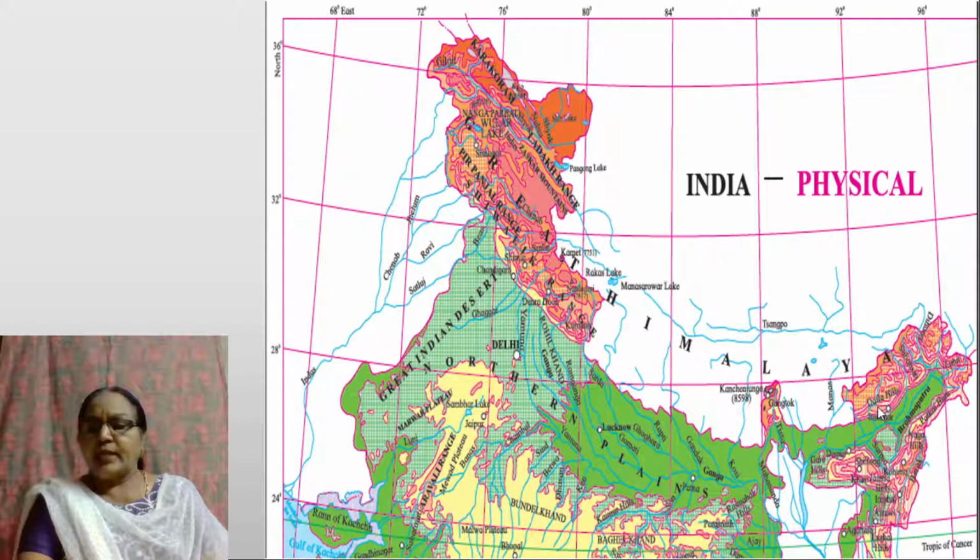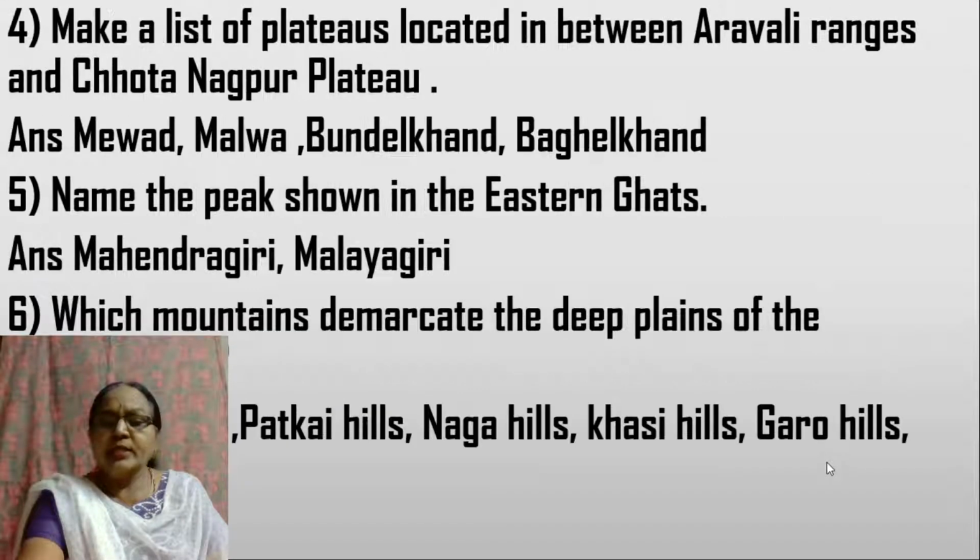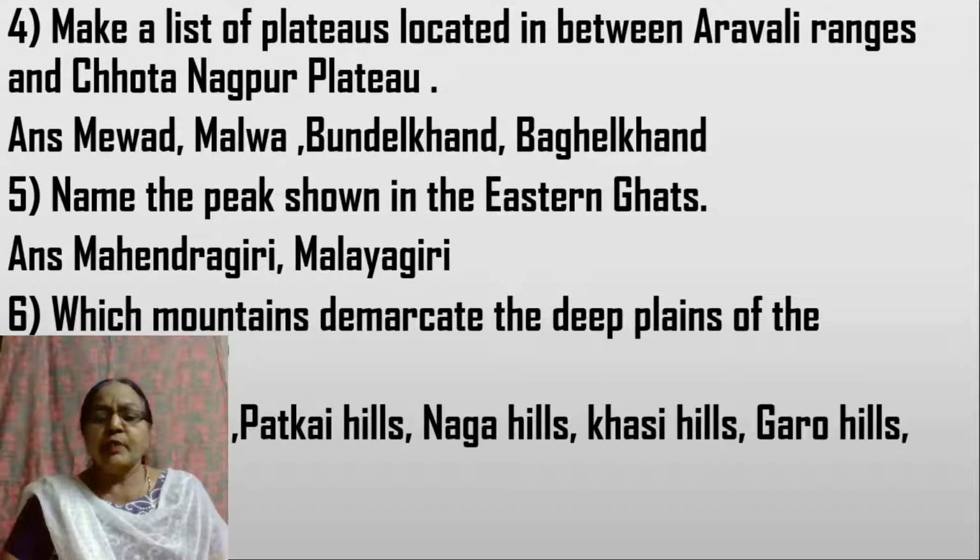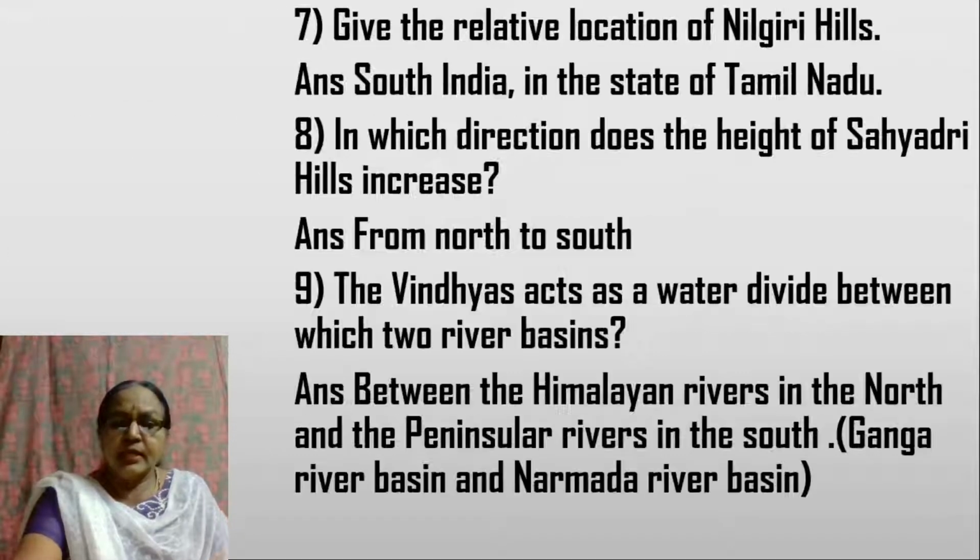You have Dafla Hills, Khasi Hills, Jaintia Hills, Patkai ranges. So these are the various ranges which demarcate the deep plains of Brahmaputra. They are Dafla Hills, Patkai range hills, you have Naga, Khasi, Garo and Jaintia hills.